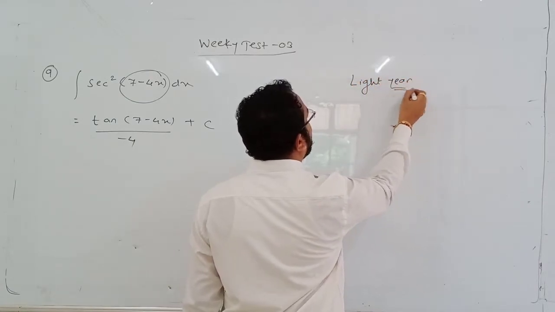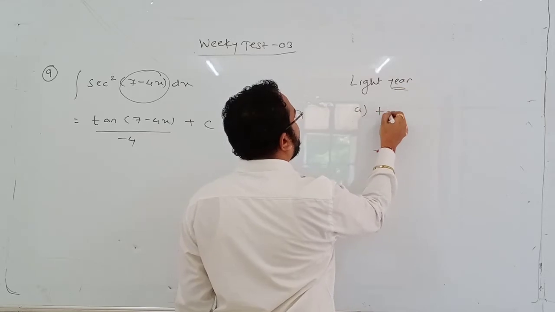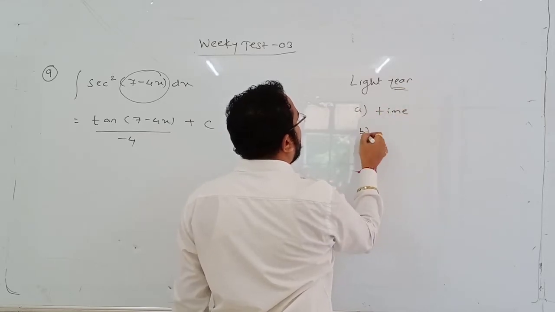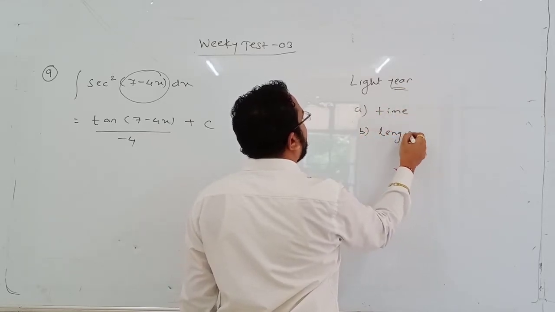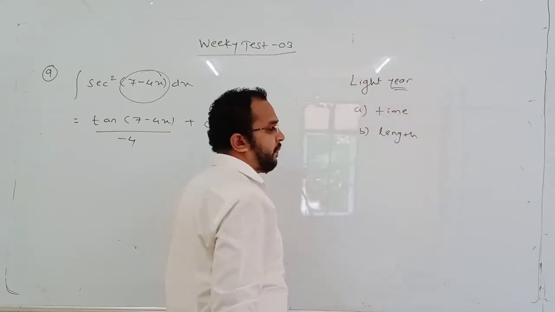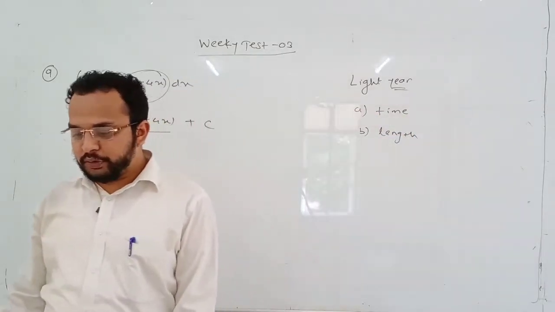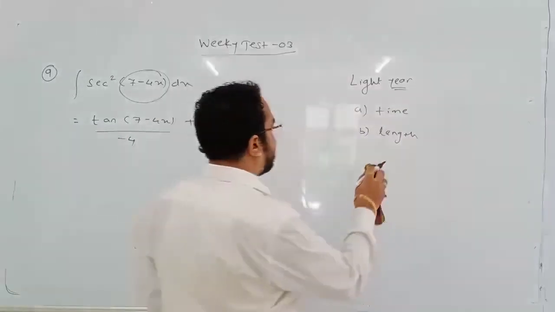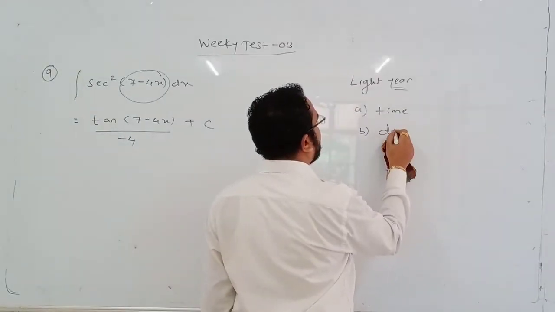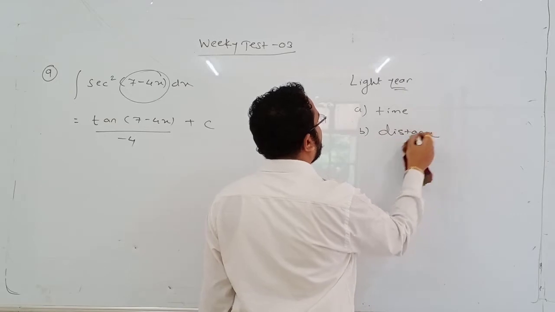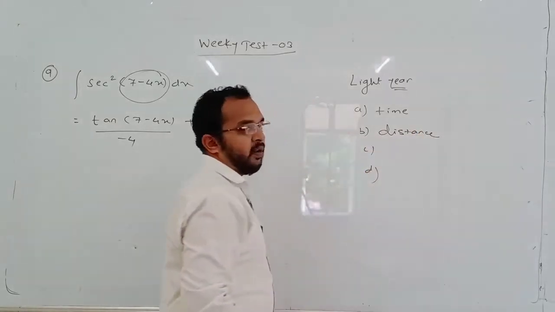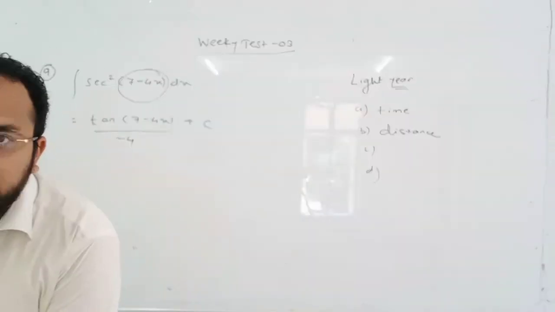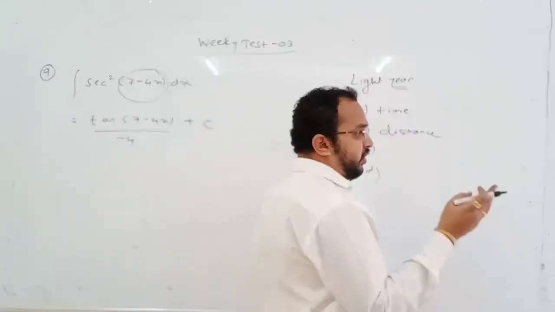Light year, because year is mentioned, and the first option itself is given as time. The second option is given as distance or length. Year म्हणजे टाइम युनिट आहे असं लगेच मुलांना वाटतं.